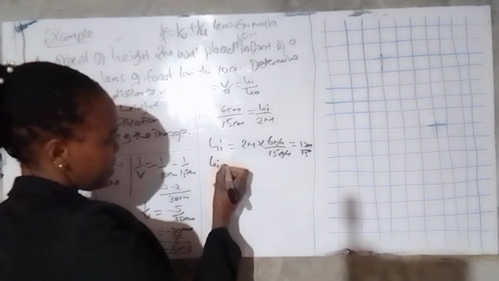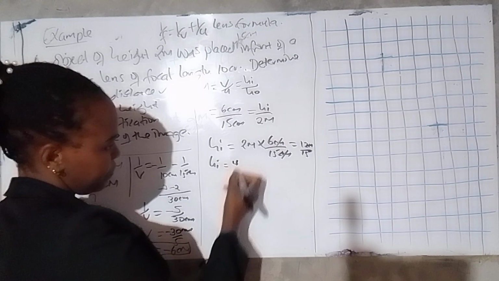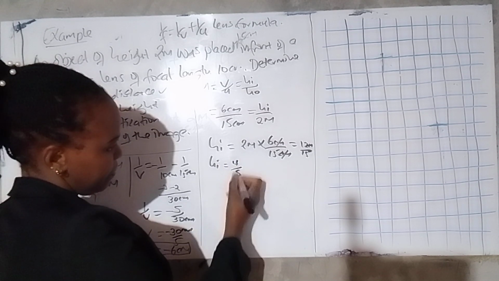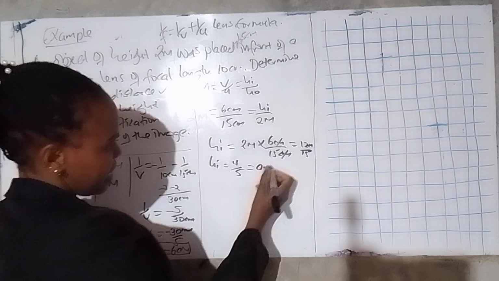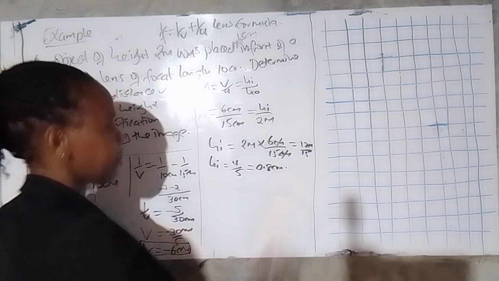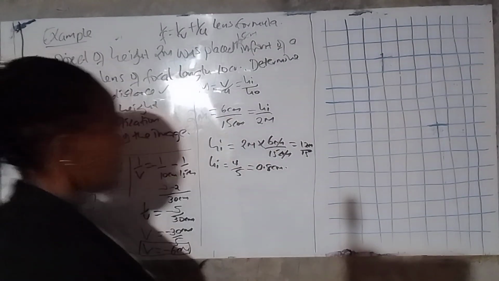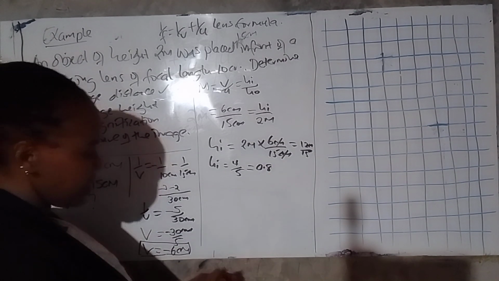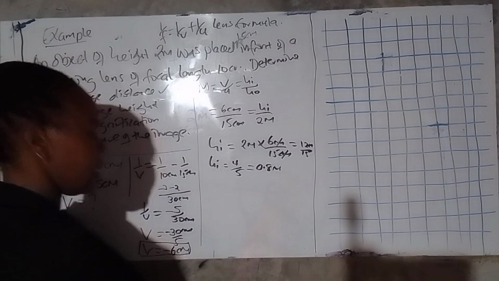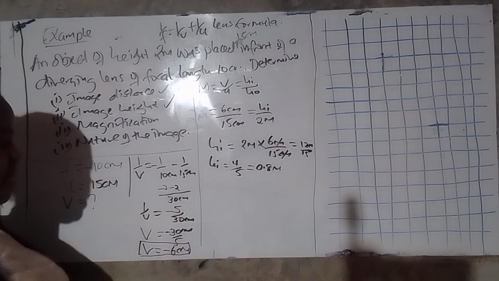So height of image equals, dividing by 3, that is 4 over 5, which is approximately 0.8 meters. Okay. So we have calculated image height.